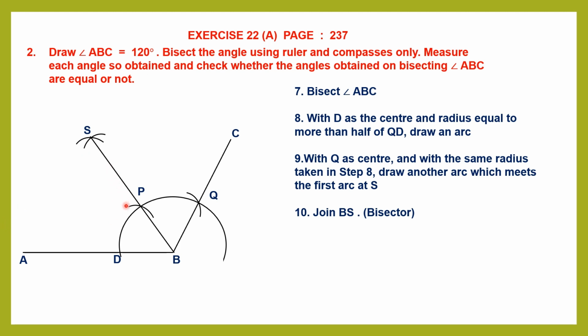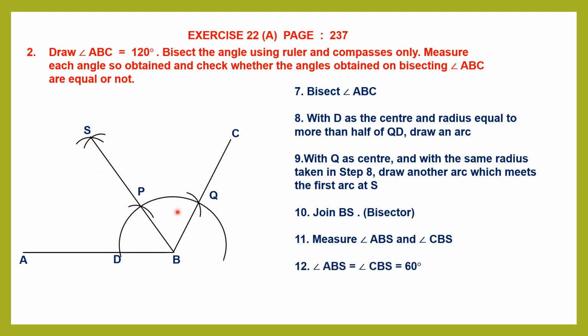Can you see this line, the bisector, has divided this big angle into two parts. One part here and one part here. Now we are asked to check whether the angles obtained on bisecting ABC are equal or not. So what do we do for that? We have to measure angle ABS and angle CBS.